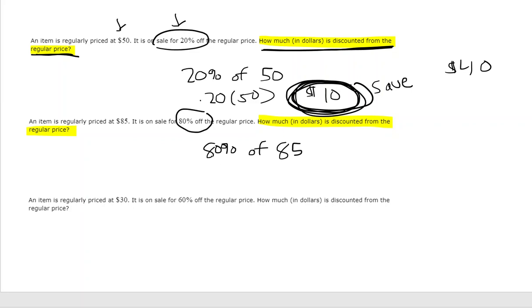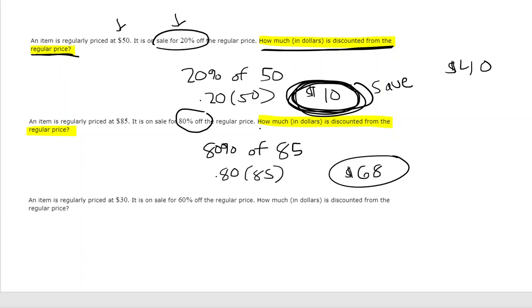Okay, so to figure out what 80% of 85 is, we take the 80%, we get rid of the percent sign by dividing 80 by 100. That gives us 0.80. We then times that by 85, and if you do 0.80 times 85, you get 68.